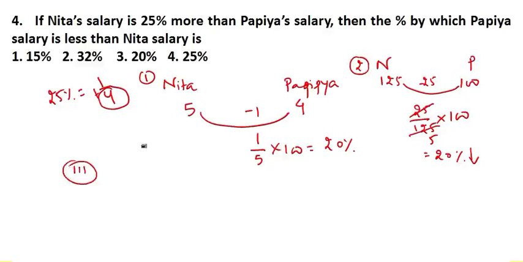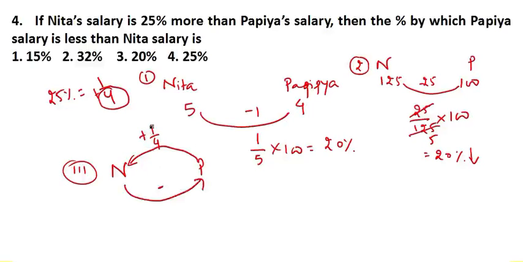Method number 3. This is Nitya, this is Nita, and this is Papya. Now Nita's salary is 25% more. 25%, we know that it is 1 by 4. Then Papya's salary is less by how much? This is less.